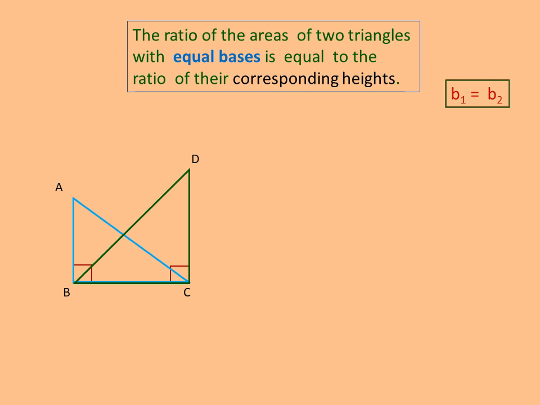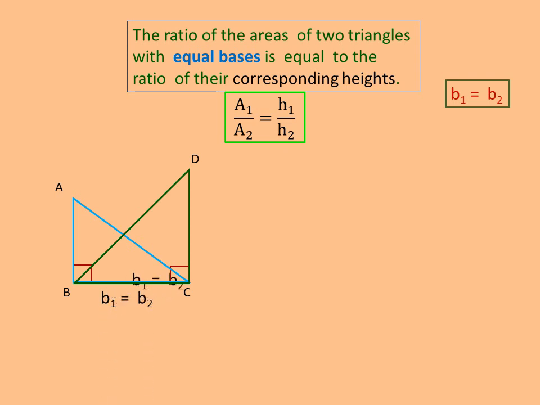You can see the sign of perpendicular. So therefore, B1 of triangle ABC and B2 of triangle DCB are equal, and therefore the ratio of the areas will become the ratio of their corresponding heights, that is A1 upon A2 equals H1 upon H2.